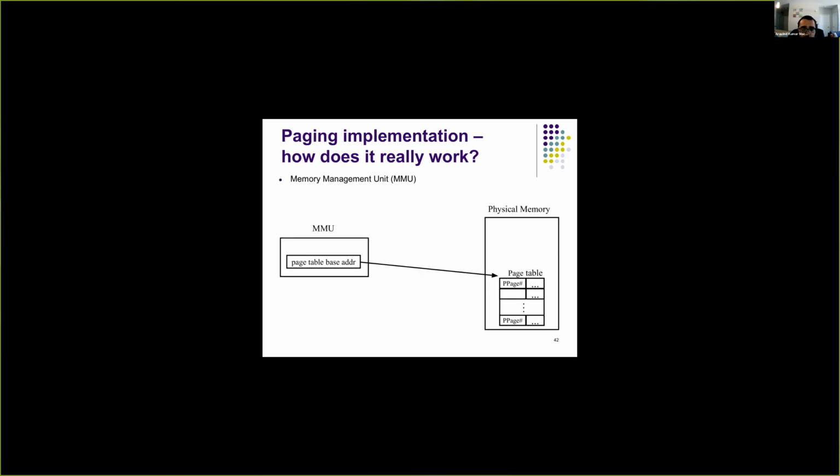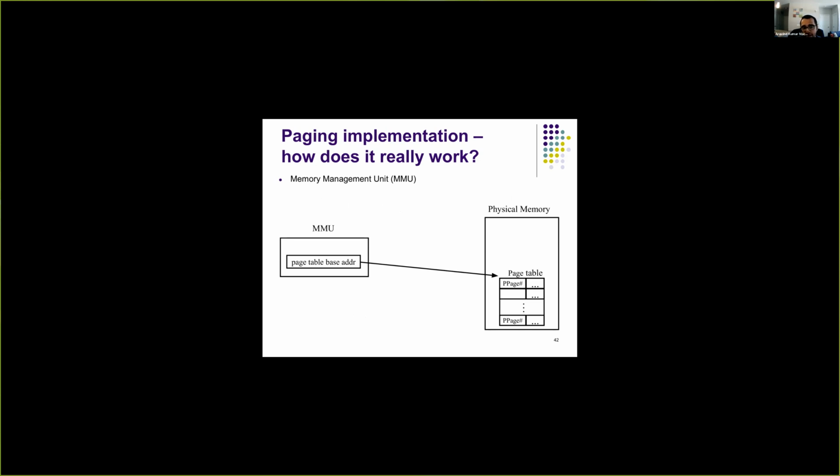That way, when a virtual address comes, it uses the page table base address and indexes the page table by fetching the corresponding entry, right? Once it knows the page table base address, given a page number, it can figure out the corresponding entry, then fetch that page table entry from physical memory.